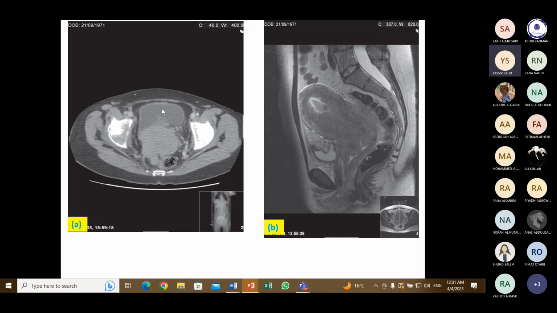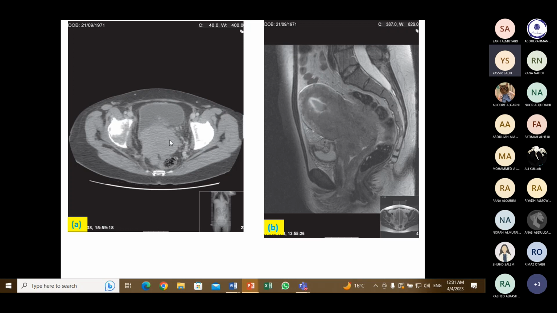What is this anatomy? Usually this is anterior and this is posterior on CT axial. Urinary bladder. And what is this? Rectum. Yes. And what is this?